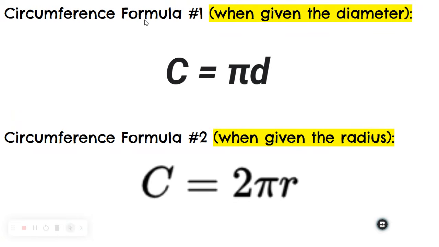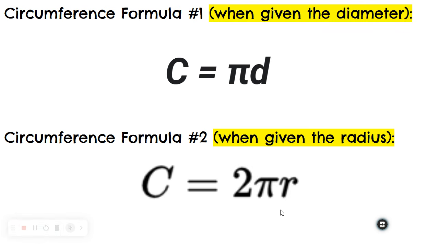So if you're asked to find the circumference and you are given the diameter, you're going to multiply the diameter by pi, and you will get the circumference. If you are asked to find the circumference when given the radius, you are going to multiply 2 times pi times the radius, and that will give you the circumference.